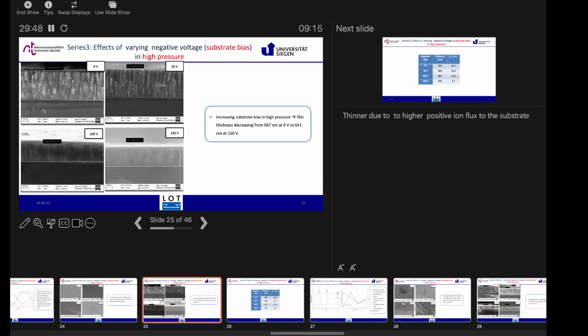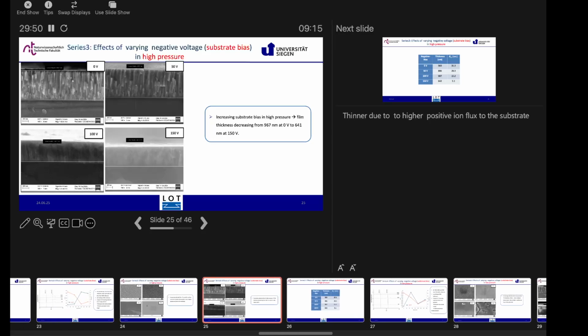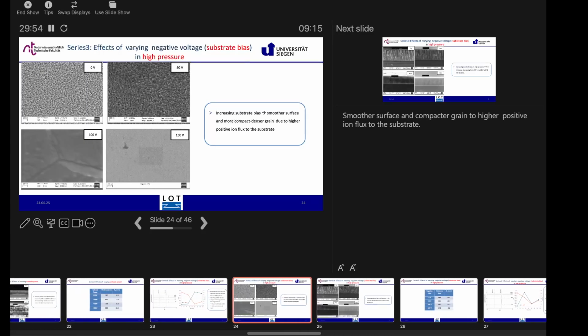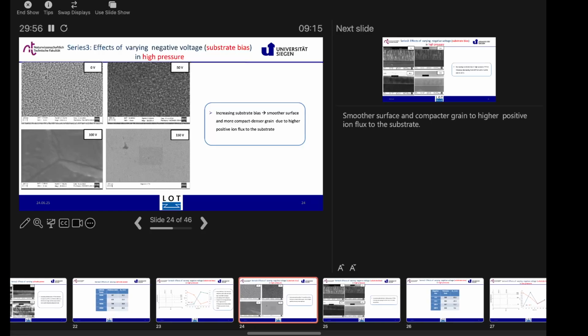No, the surface analysis, this one. The series with 0, 51, 100, and 150, the upper right, figure B. If you look at it carefully, you can find something.